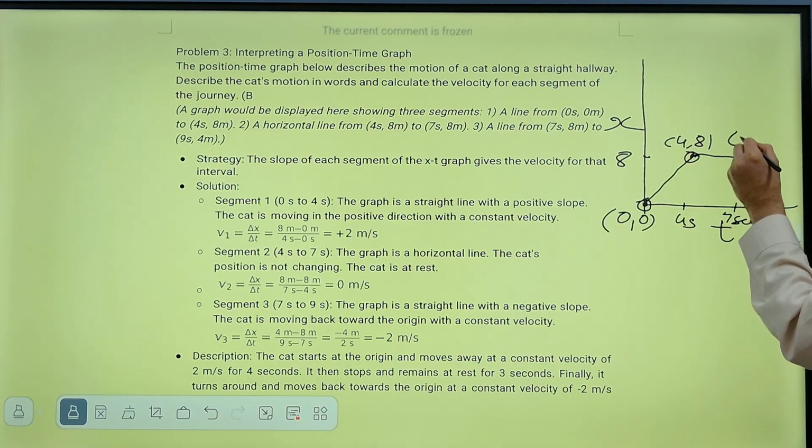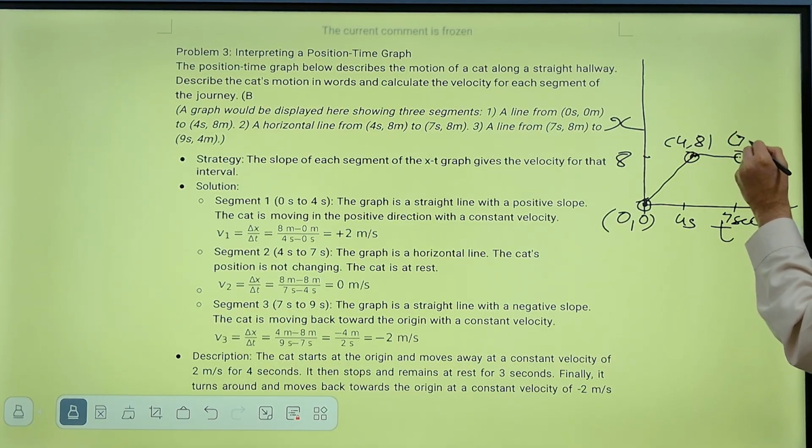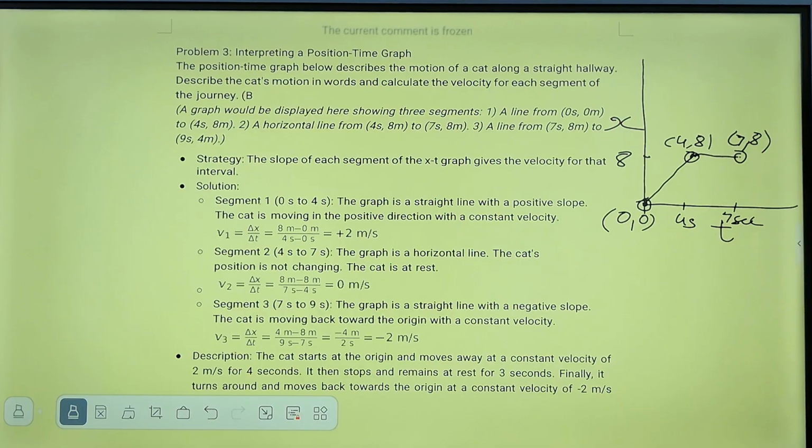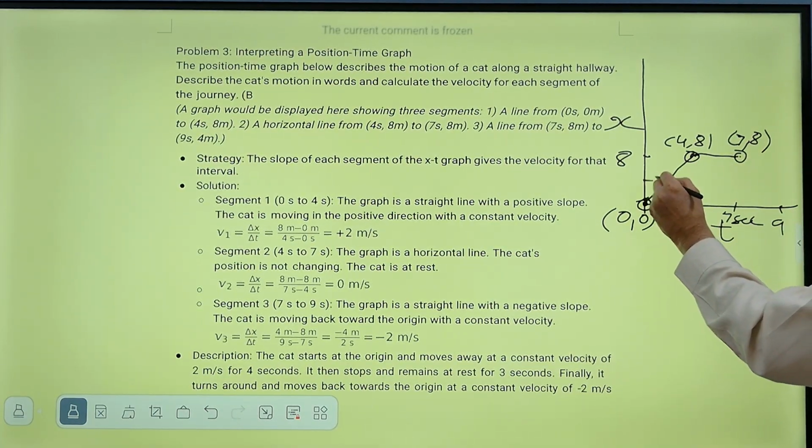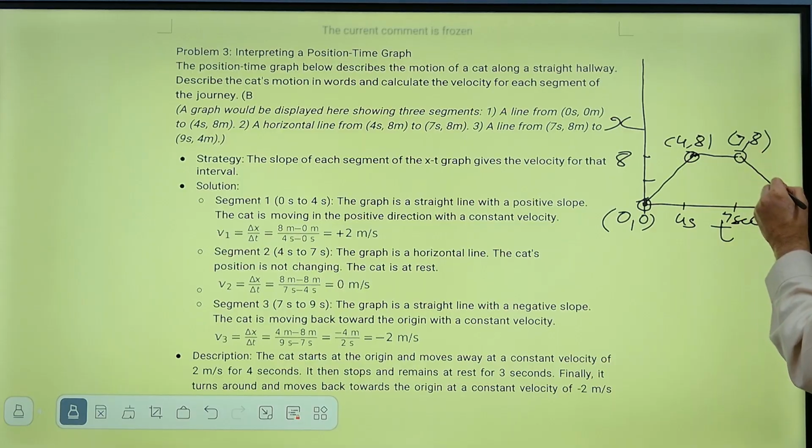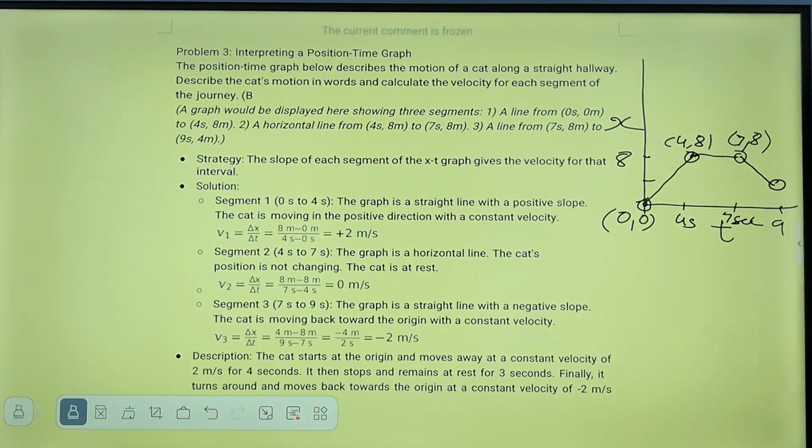So the new coordinates are 7, 8. And then from 7, 8, it goes to 9, 4. Okay, so at 9 seconds, it comes back to 4. So this is the graph that you have.